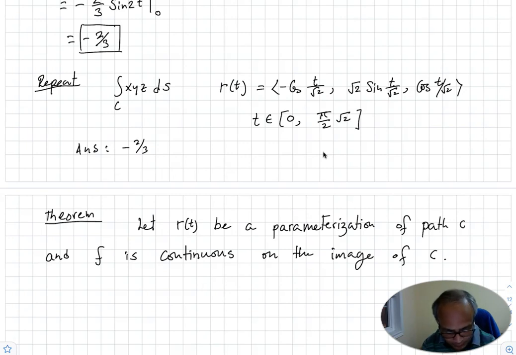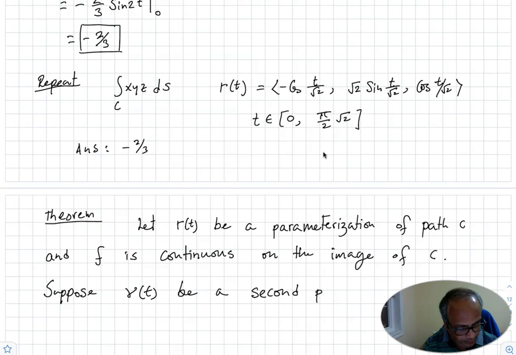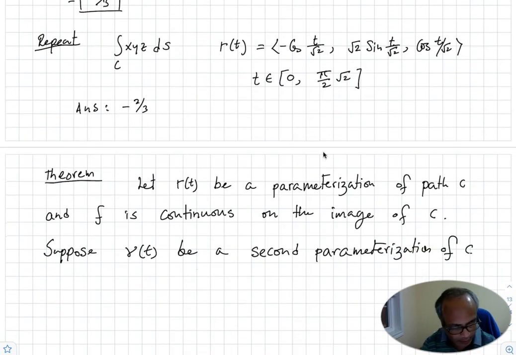Now suppose gamma(t) be a second parameterization of C. Then, so the path integral, I will write here r(t) to mean that the parameterization of the path is r(t).